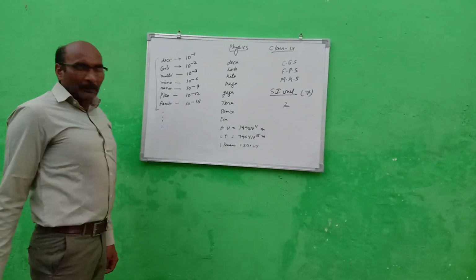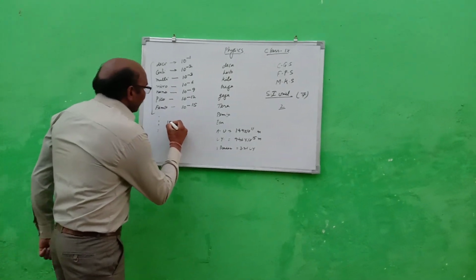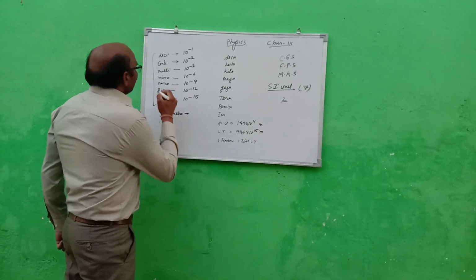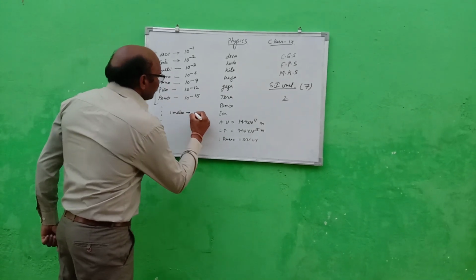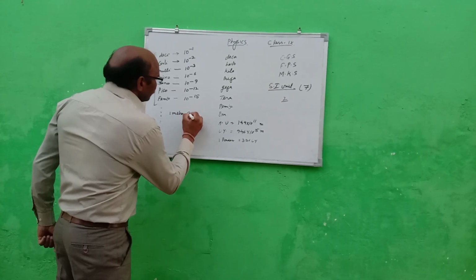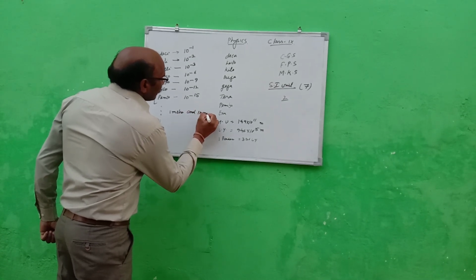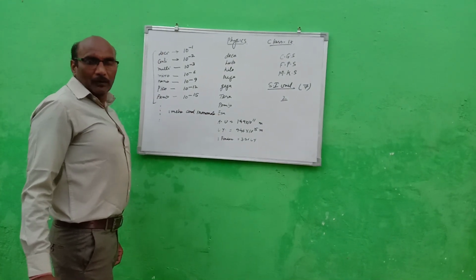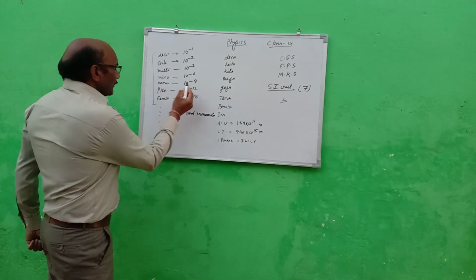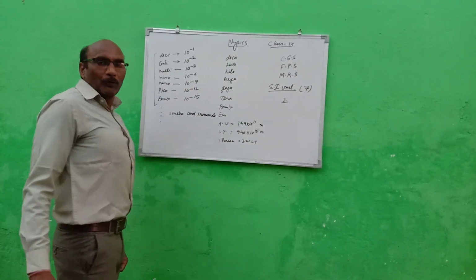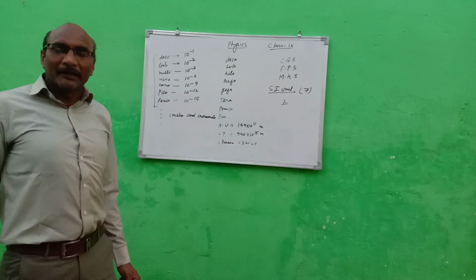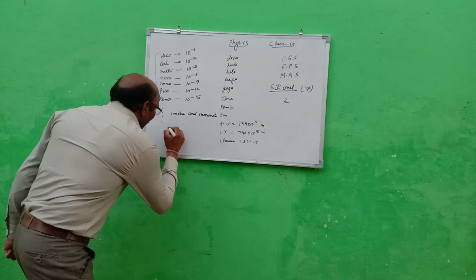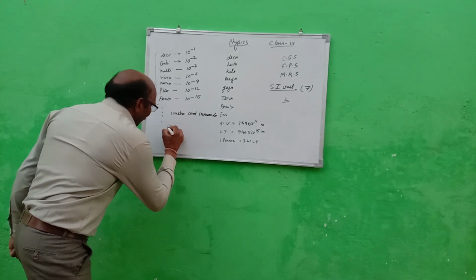If you want to know the relationship between 1 meter and 1 nanometer: nano stands for 10 to the power minus 9, which means 1 nanometer is 10 raised to the power minus 9th part of 1 meter. 1 nanometer is written as 1 nm.